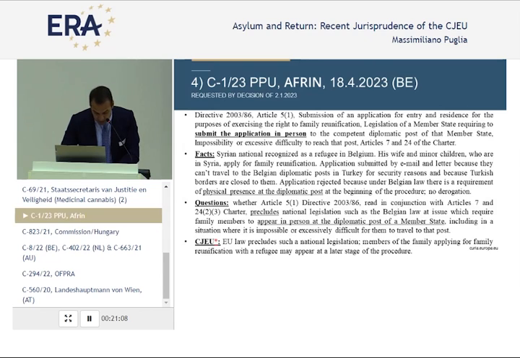So, in this case, the court said that requiring the applicants to go in person at the very beginning of the procedure to ask for family reunification was contrary to these objectives. And the court said that national authorities and member states have to take into account the interest of the children concerned and the interest of promoting family life when they set out the obligations and the conditions according to which an application has to be made.